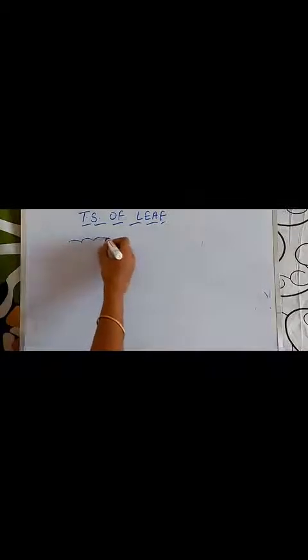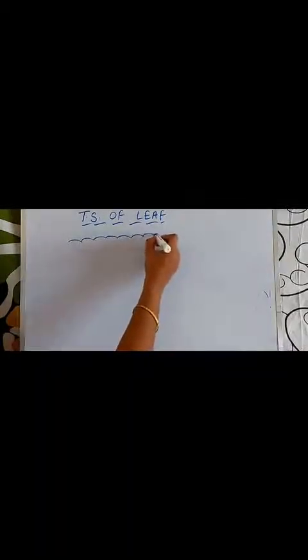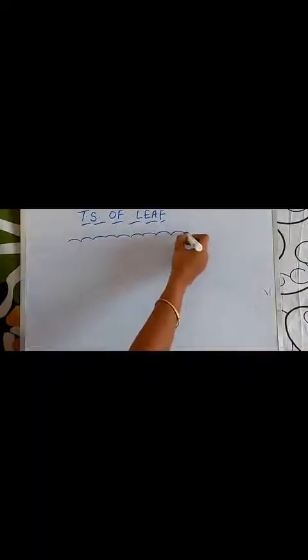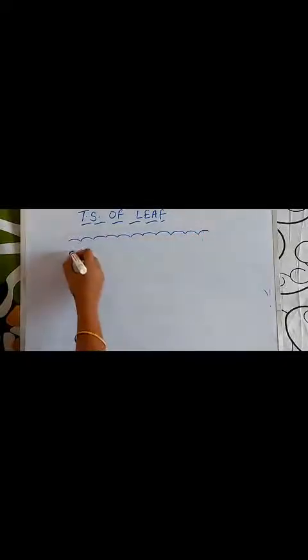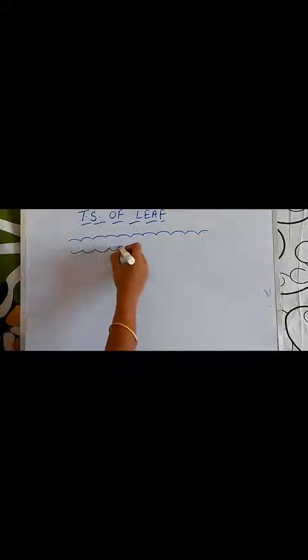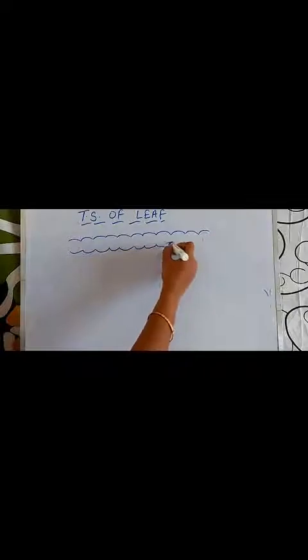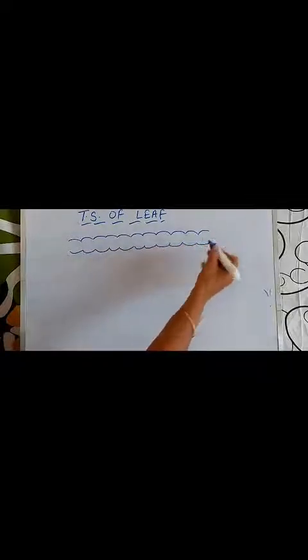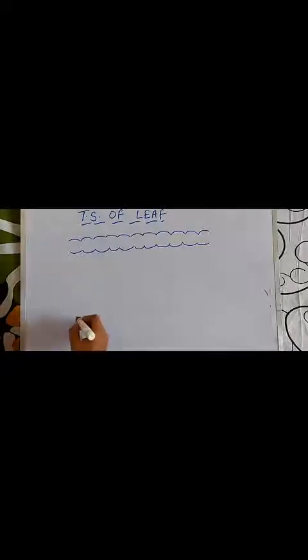Students, now let us learn how to draw the TS of leaf in an easy way. First, you have to draw two lines in a wavy pattern as shown here. One wavy pattern line on the upper side and again on the lower side.